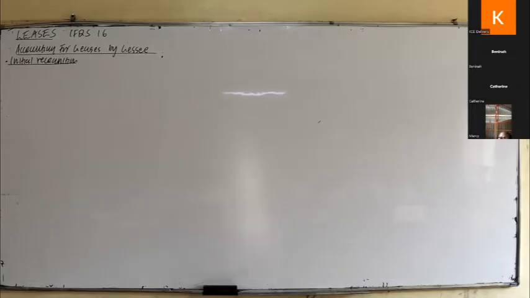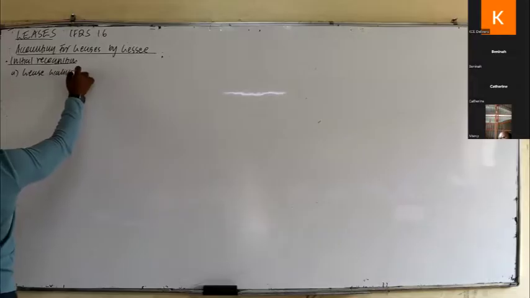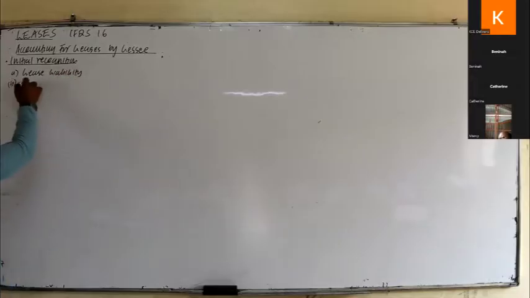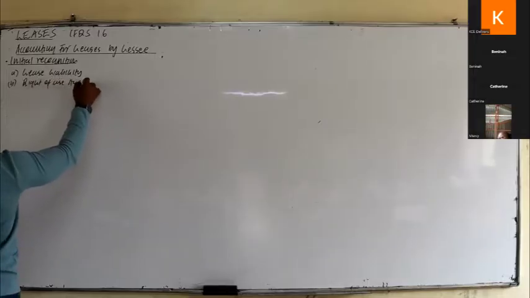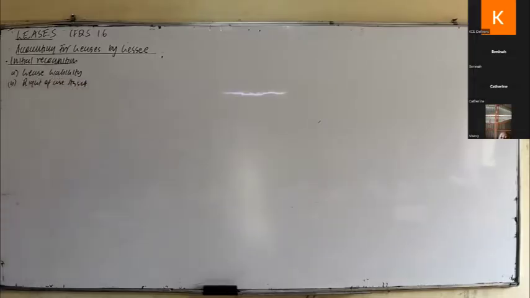The lessee recognizes: A, a lease liability, and B, a right of use asset.